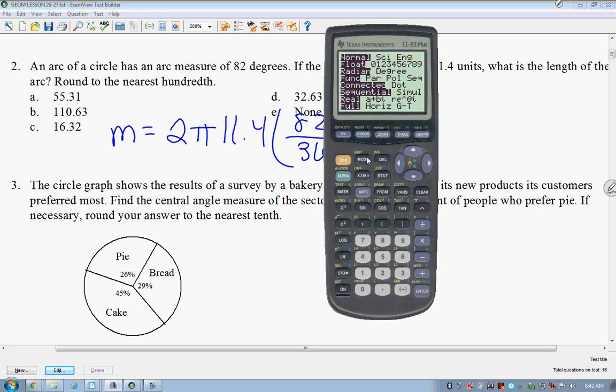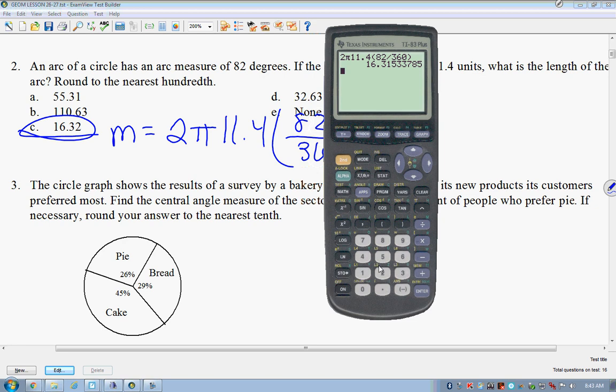And I'm going to check. See, that's where we want to check, because if I'm going to do this in my calculator, I need it in degree mode. Okay, 82 divided by 360. And I get 16.32 C.